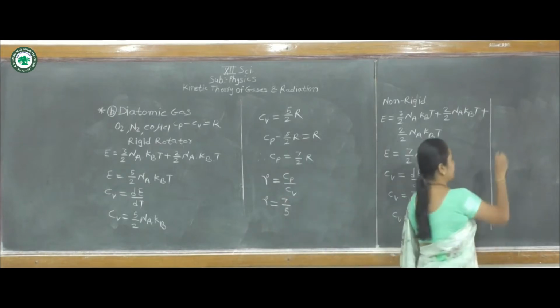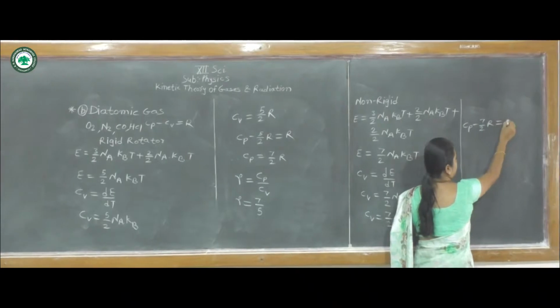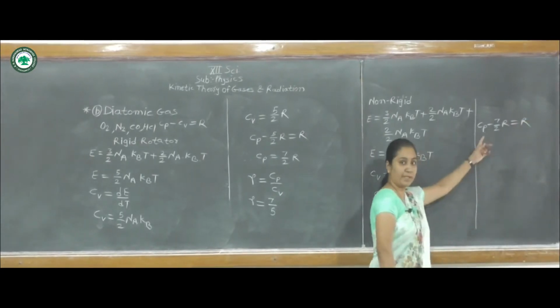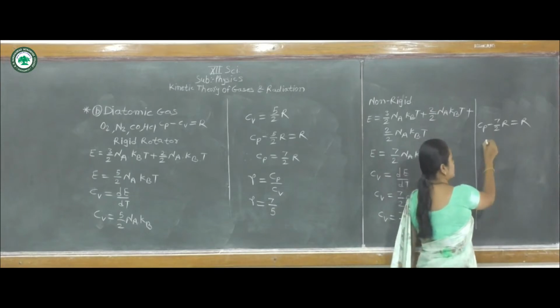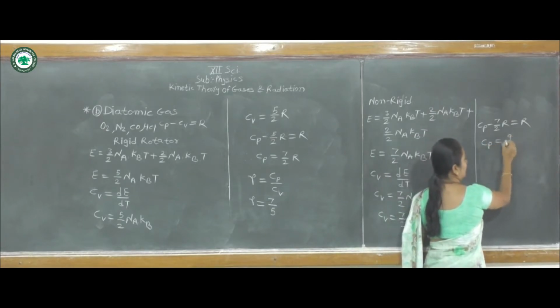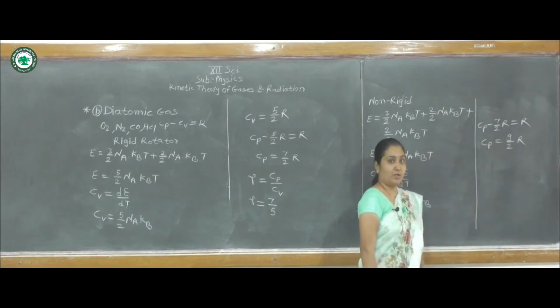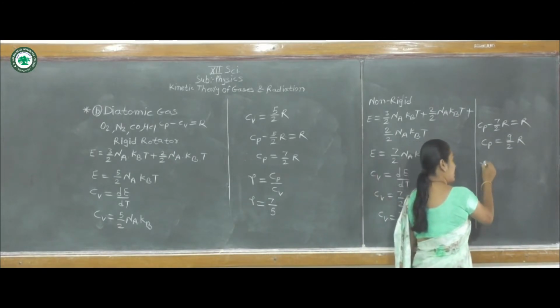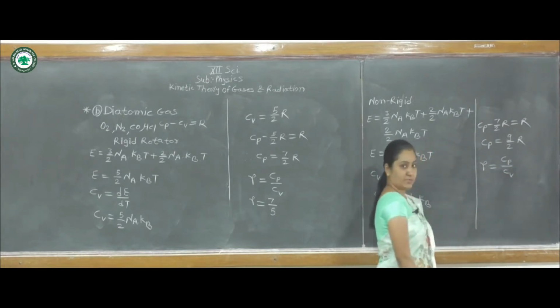So we get Cp minus 7 upon 2 R is equal to R. So Cp is equal to 9 upon 2 R.